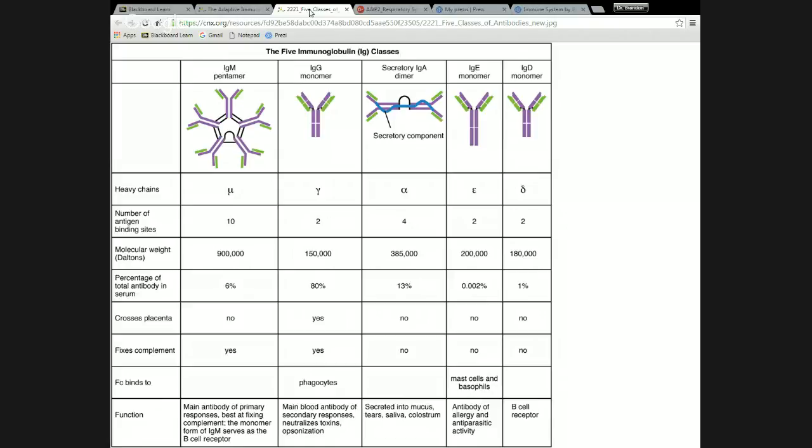Are the antibodies of IgM composed of IgG? Well, all of these are different types of antibodies based on what the heavy chain looks like. And so the IgGs stay as monomers because they can't connect to other antibodies. IgMs are IgMs because they can connect to each other and they make these pentamers.